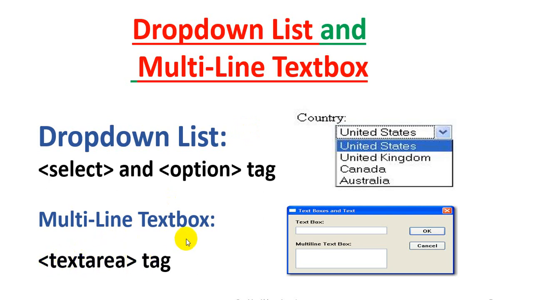We will see in coding, as we know, all this coding we are working inside an application program, that is Notepad. So student, we will start our coding and see how technically these drop down lists work inside the form, and how to create a textarea or multi-line text box.